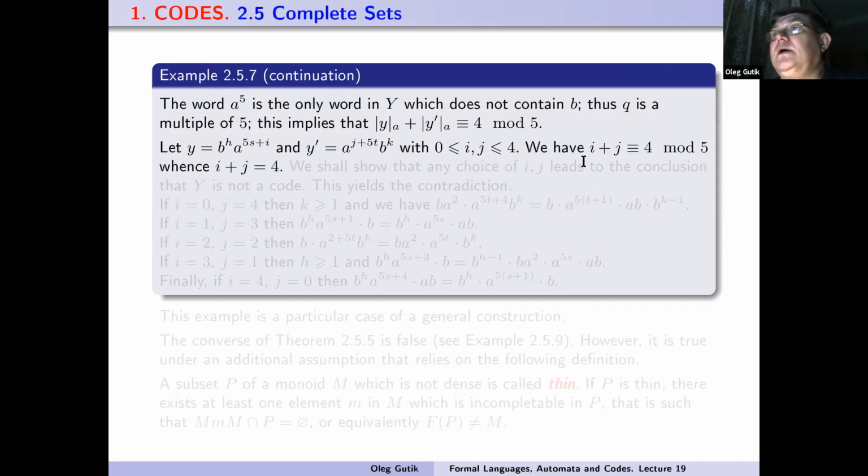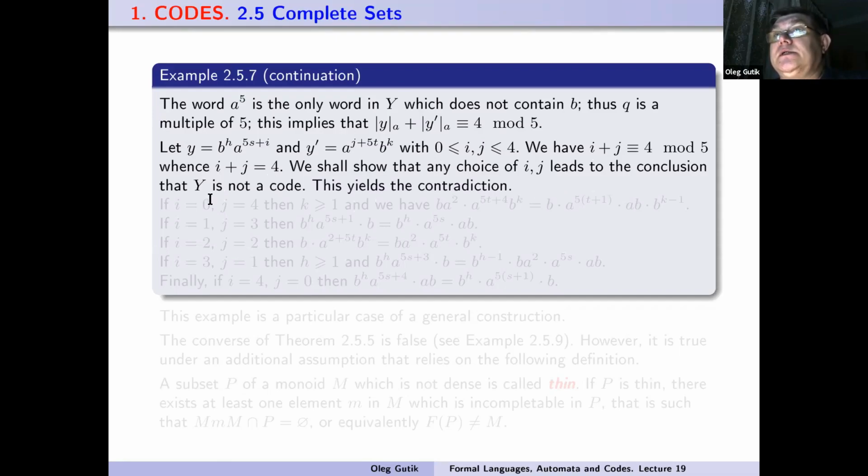We have i plus j is equivalent to 4 modulo 5, whence we get that i plus j is equal to 4. We shall show that any choice of i and j leads to the conclusion that the set Y capital is not a code.